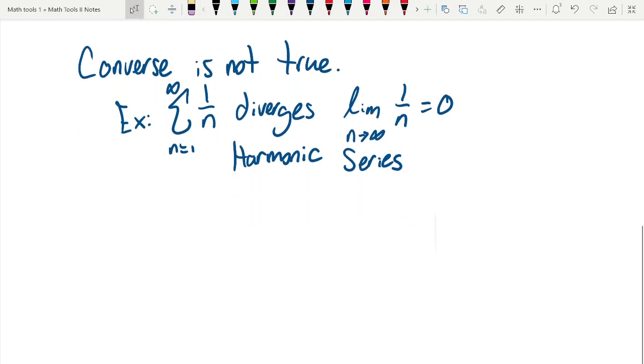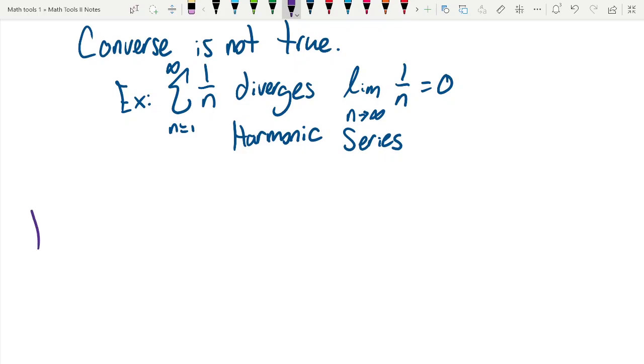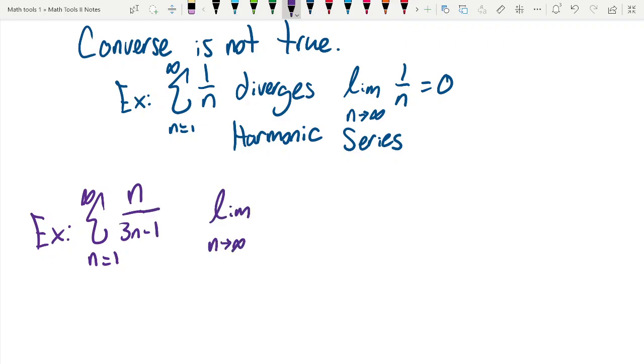So just looking at a few other examples here for this test for divergence. If we're presented with the sum from n equals 1 to infinity of n over 3n minus 1, first thing we want to do is test the limit as n goes to infinity of n over 3n minus 1. When you do this, you should get 1/3.